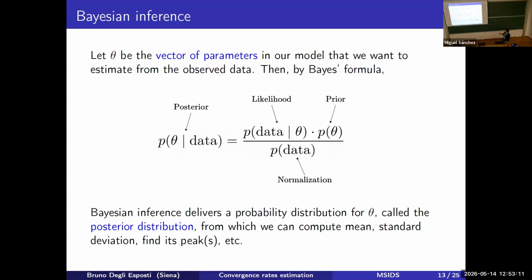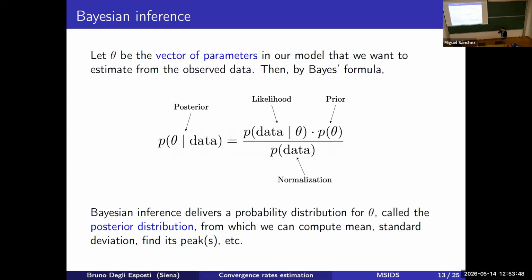We denote by theta the vector of parameters in our model. So C mu, C sigma, k, those would be the parameters we want to find from data. And by Bayes' formula, the posterior distribution is something we can get from a prior distribution on the parameters and the data. So we have some prior beliefs, or let's say we expect the parameters to have some values before looking at the data.